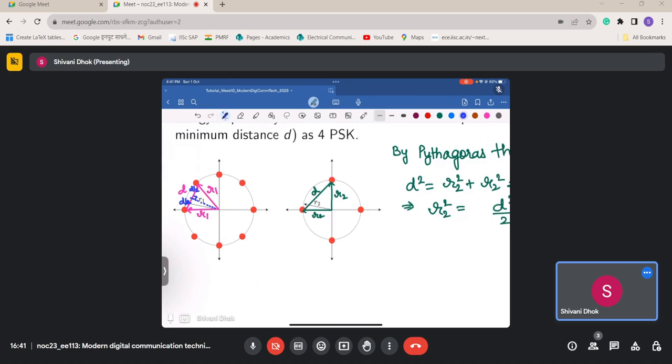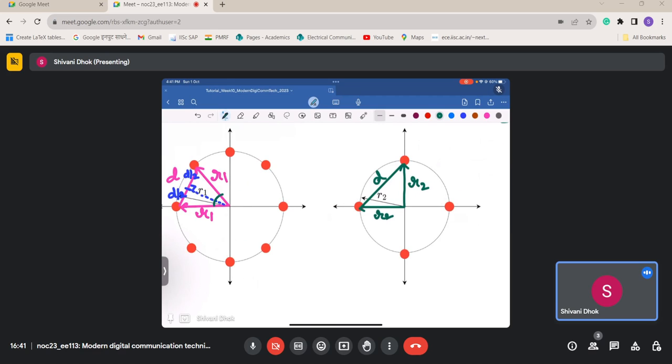And another thing you should notice, this entire angle is 45 degrees or pi by 4, which means that this single angle will be pi by 8.